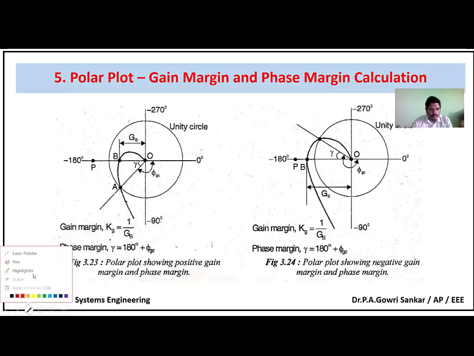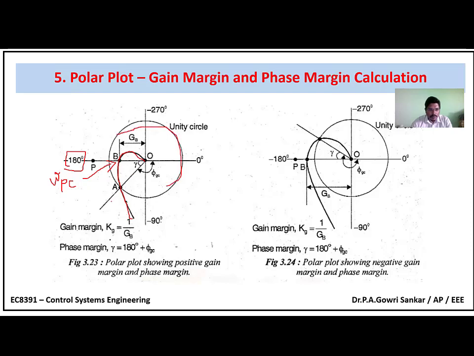This is the plot value we got. Whenever the plot crosses this minus 180 degree line, the frequency at that time is called omega pc, the phase crossover frequency. Whenever your curve crosses the unity circle, this is called the unity circle.